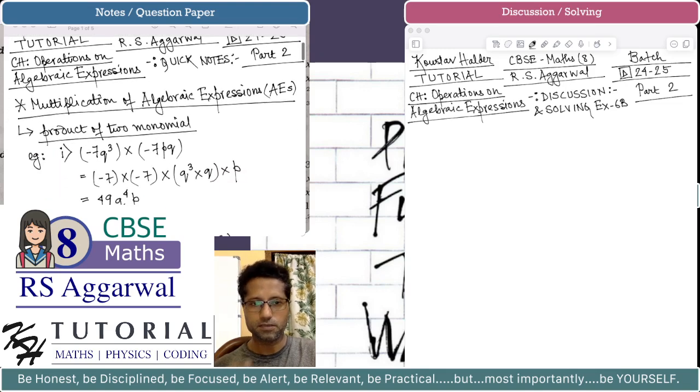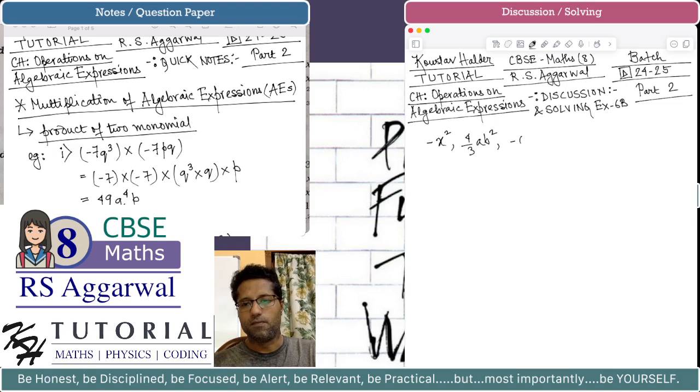The first one is how we find the product of two monomials. So what is a monomial? A monomial is basically a term. And what is a term? A term is a product of one or more literal factors or numerical factors, like x square. These are all monomials, like 4 by 3 a b square, where a, b, x are variables.